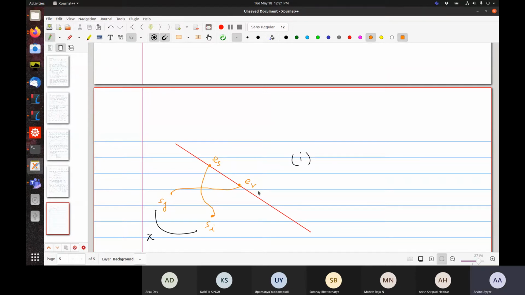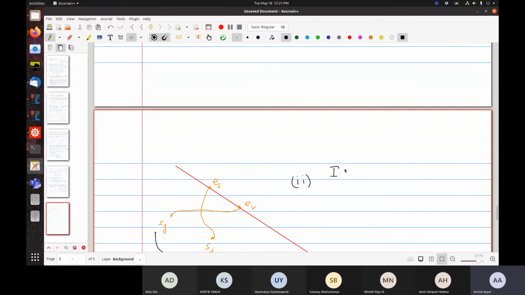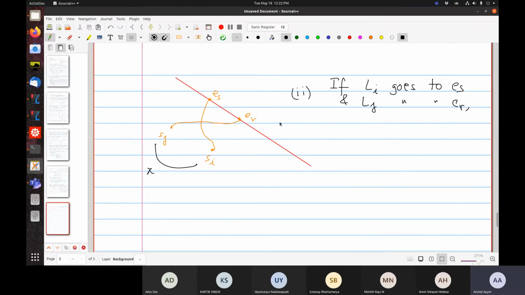Okay, so now if Li goes to ES, sorry, and Lj goes to ER, then the number of such paths is what?